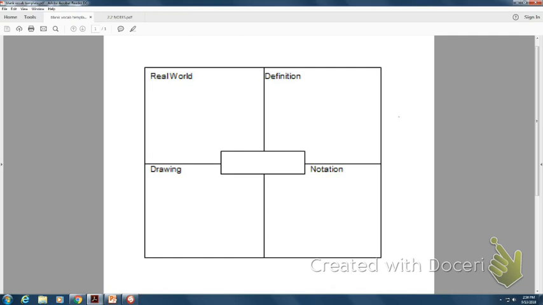Next one, adjacent angles. What do you think it means for something to be adjacent? Does that mean that they share a side? They share a side, okay, or they're right next to each other. So two angles, if they share a common side, what else do they have to share?